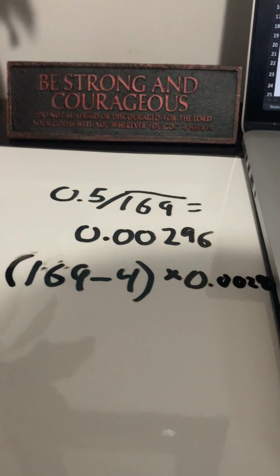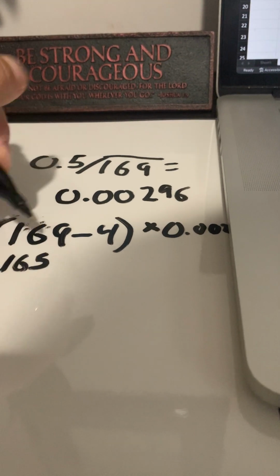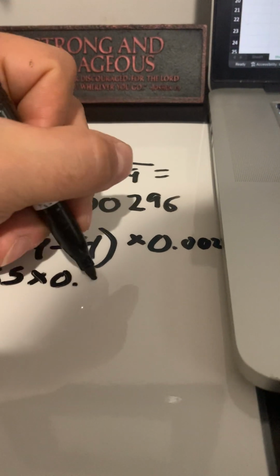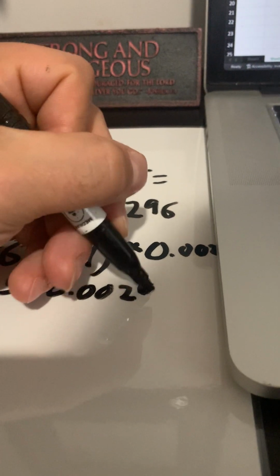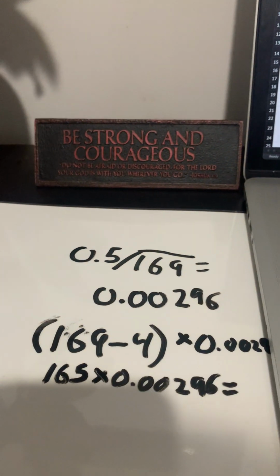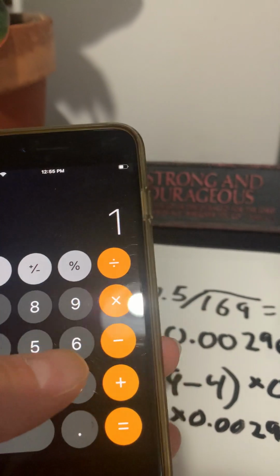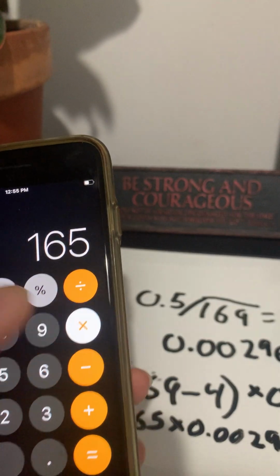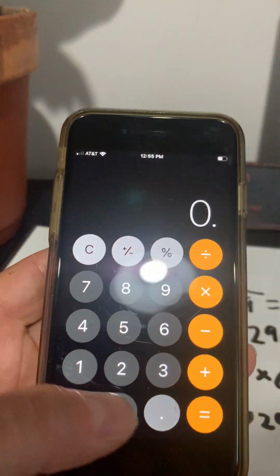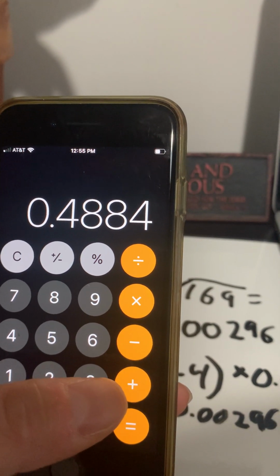Okay. Now, this here we know is 165, right? 169 take away 4 is 165 times 0.00296 would equal, so let's do that, 165 times 0.00296 equals 0.4884.